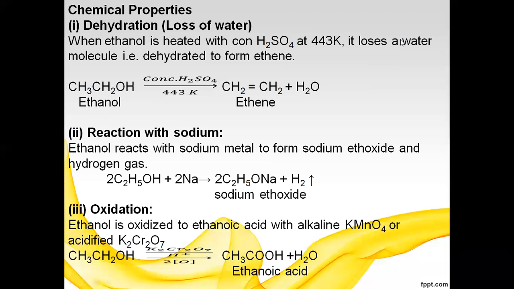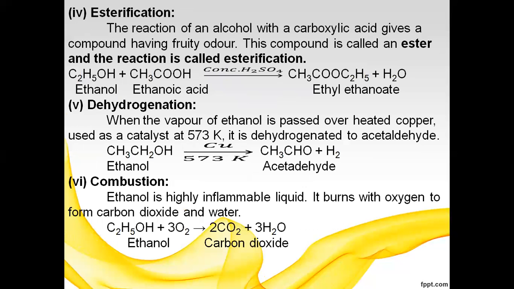So the ethanol is oxidized with KMnO4 or K2Cr2O7, and it is converted into ethanoic acid, CH3COOH, plus water, H2O. In this reaction, the orange color of K2Cr2O7 changes to green. So this reaction is used for the identification of alcohols.